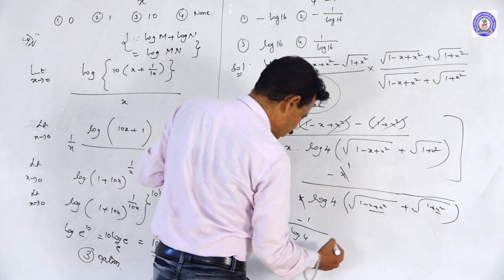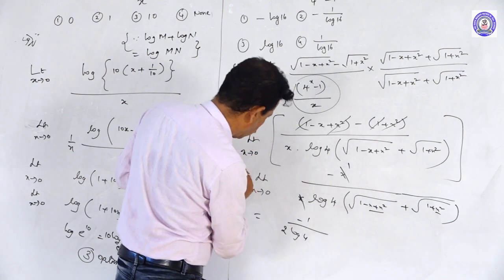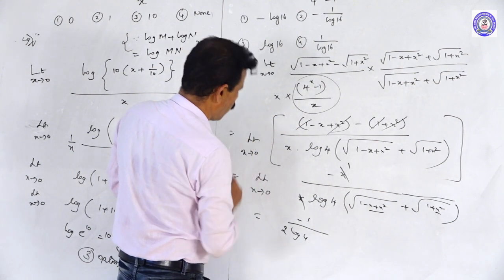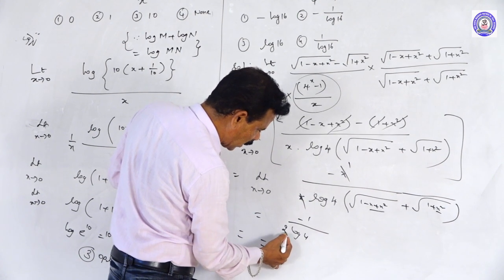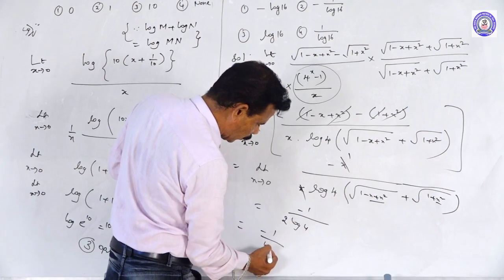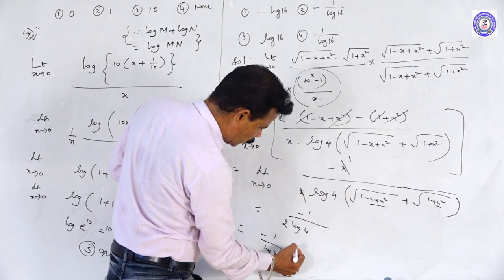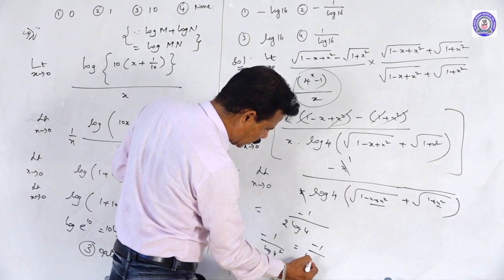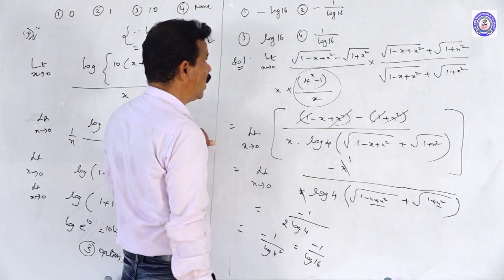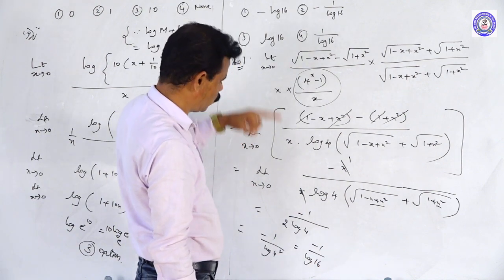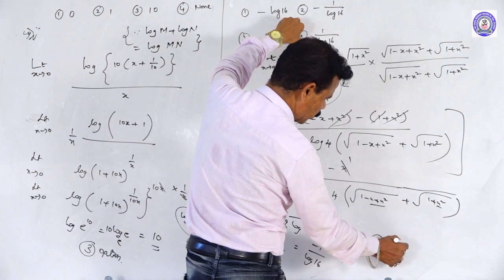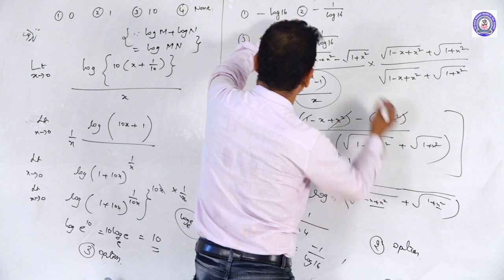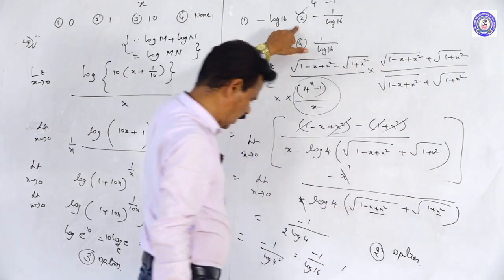So it is equal to minus 1 by 2 log 4, which means log 4 power of 2. So that is minus 1 by log 16. 4 square is 16 in the option, minus 1 by log 16. The second option is the right answer, minus 1 by log 16.